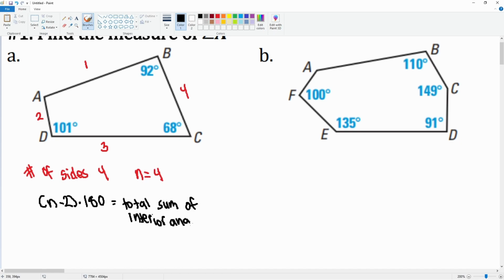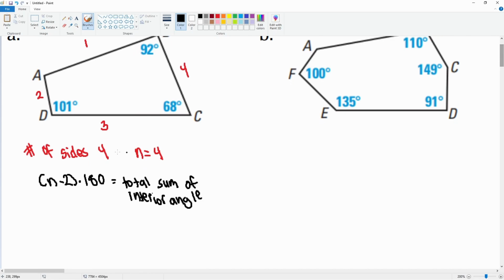So here we can now plug in that value. We plug in the 4 here: 4 minus 2 times 180. That is 360. So we know that the total angles inside here is equal to 360 degrees.